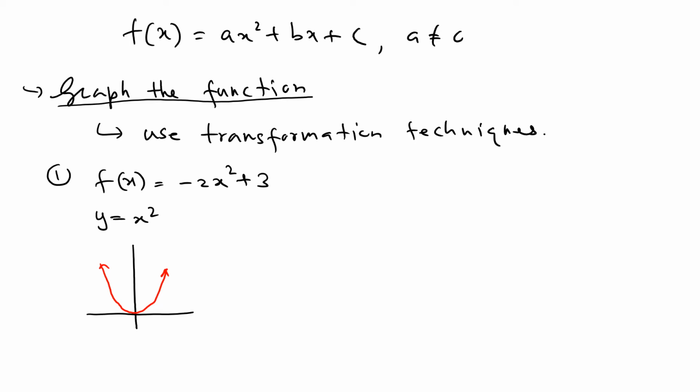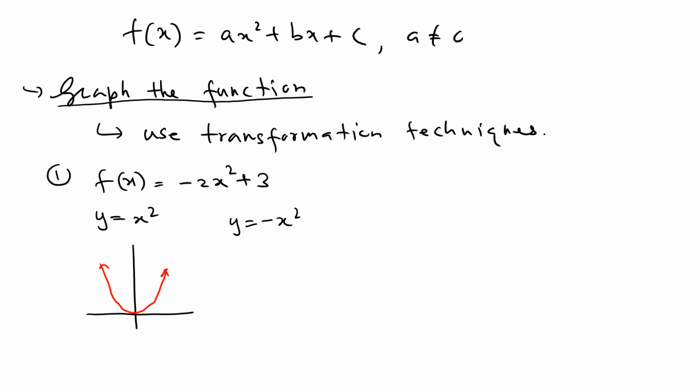In the next step, we can do the negative 2. You can go in either 2 steps or 1 step. One is you scale by 2 vertically, and then you multiply by negative, meaning you reflect about the x-axis. Just for this problem, let's do it in 2 steps. The next one is y equals negative x squared.